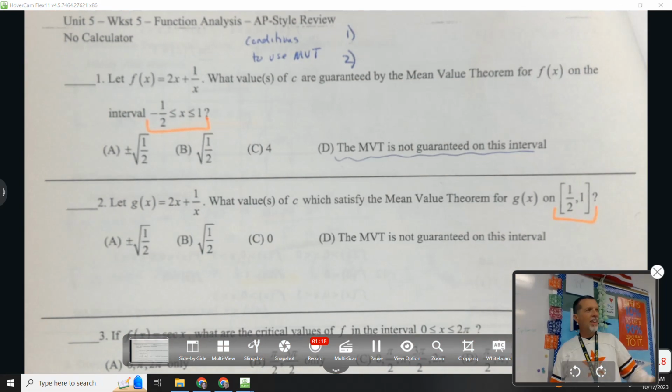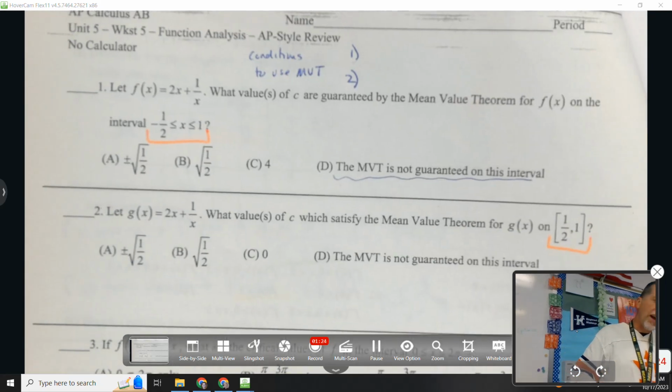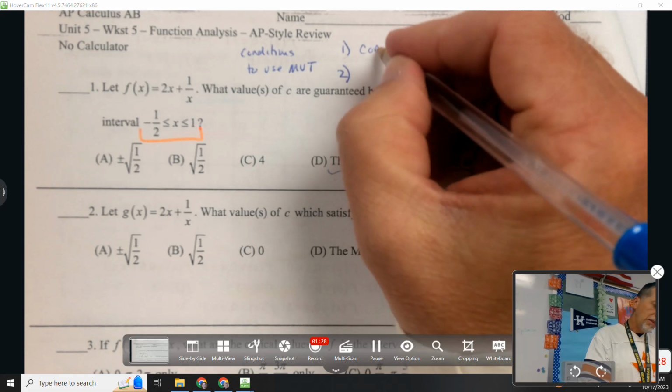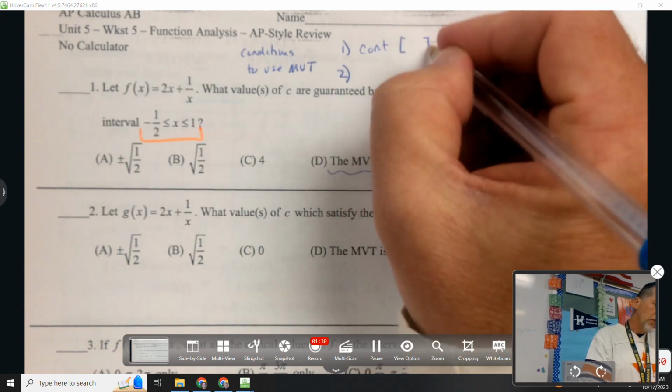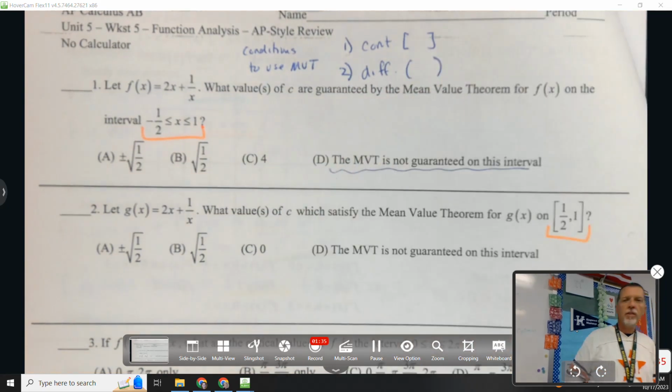What are they? Do you remember what has to be true for the calc slope to equal the algebra slope? It's got to be continuous on the closed interval and differentiable on the open interval.